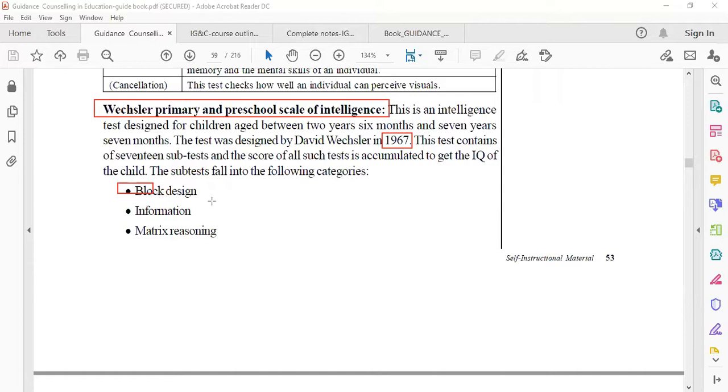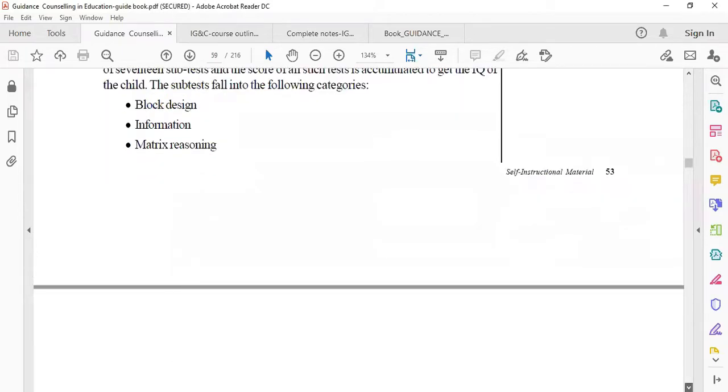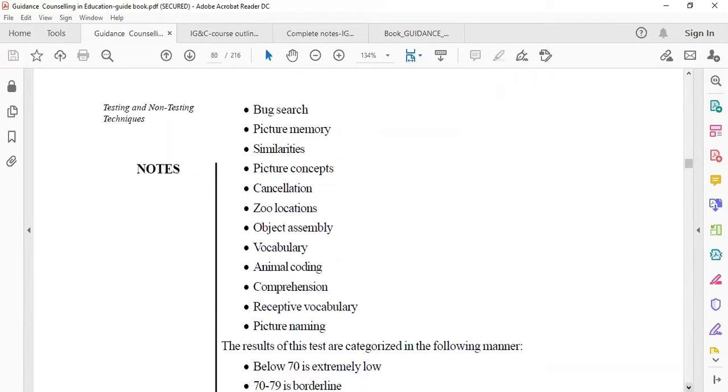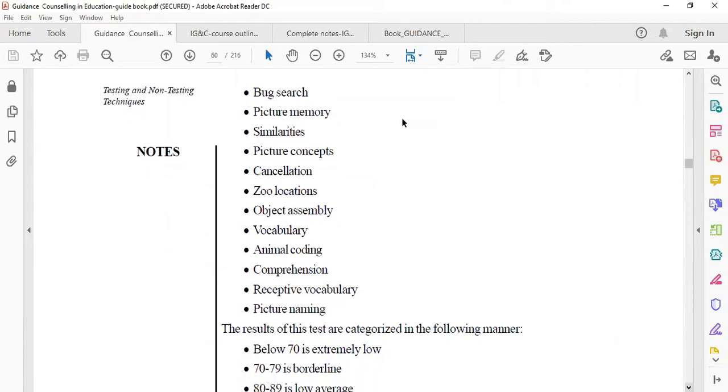In that test, he included information about block designs, information, and matrix reasoning. This test had been designed for preschoolers and primary school children. Because of that, this test was more physical and observation based rather than information based.